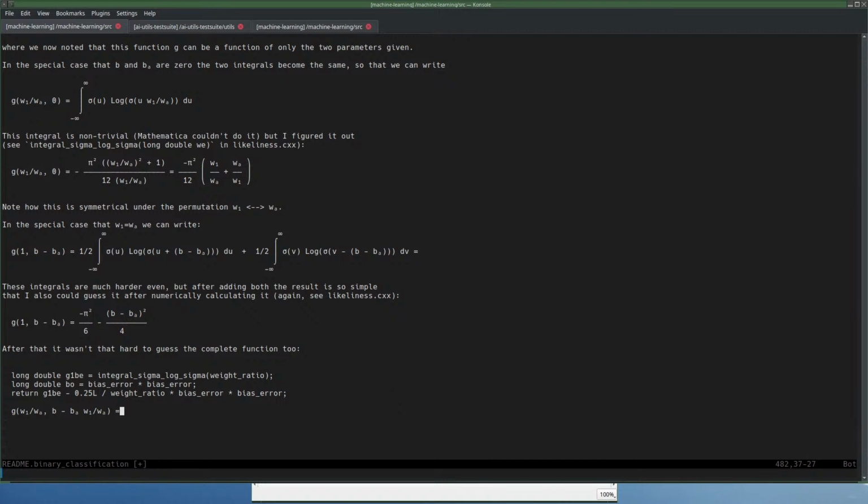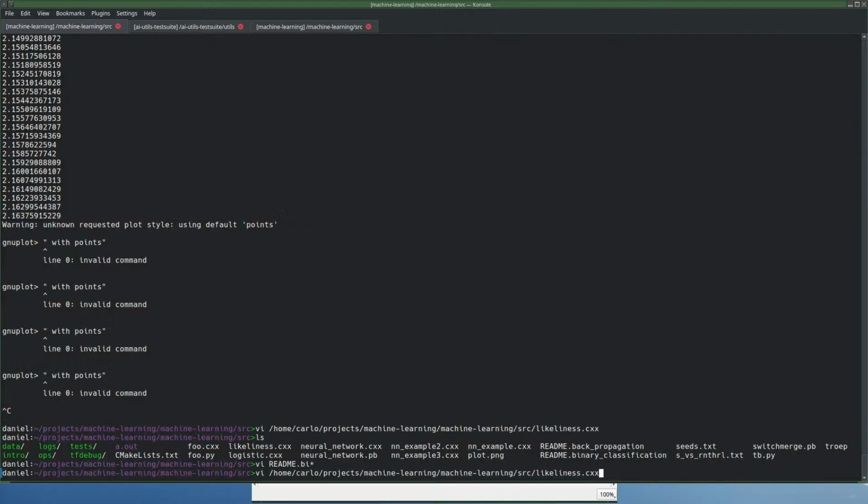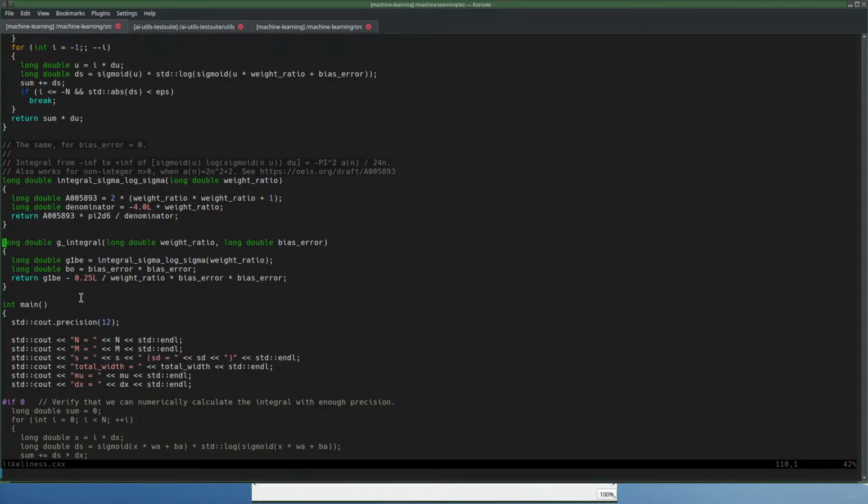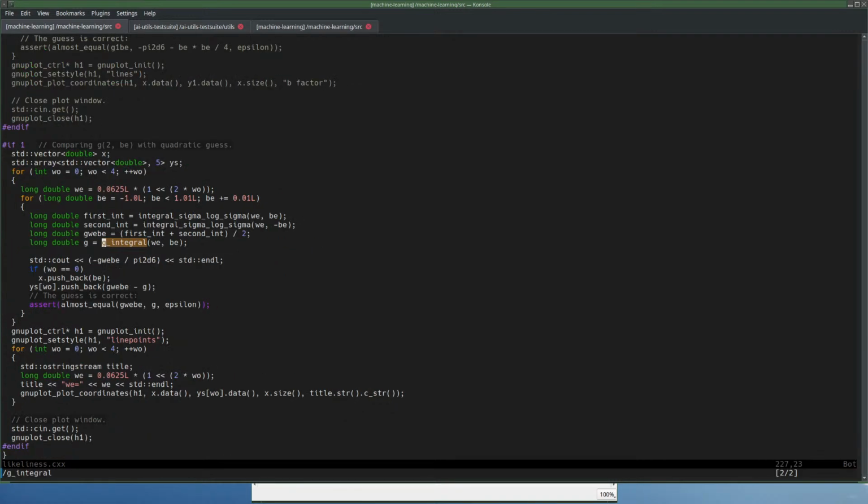I'm not using BE. I think WE is literal. Why am I calling WE still? I renamed it. Wait a minute. I'll call it weight ratio. Should call it WR. Maybe even replace it with weight ratio. So I'm calling it a WE. Let me call this weight ratio.